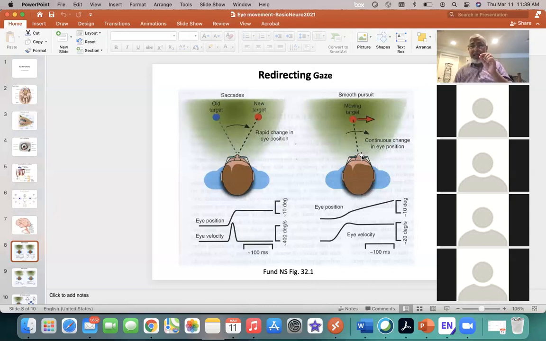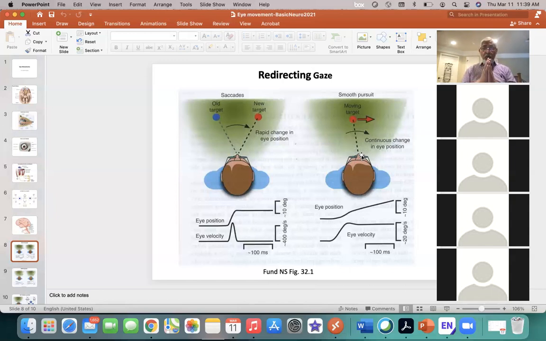In that particular area there is no rod. Only cones are densely packed, and the retina is much thinner, so the light doesn't have to pass through all 7-8 layers. It passes through the thin part of the retina, and all the light is absorbed by the cones. That area is called the fovea.